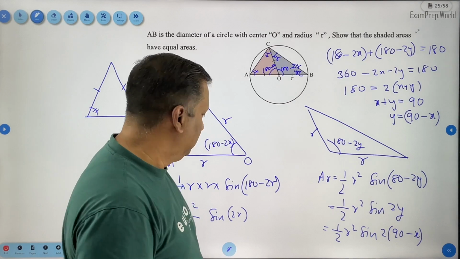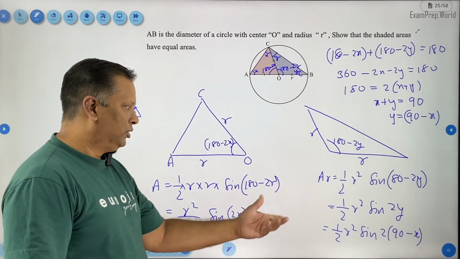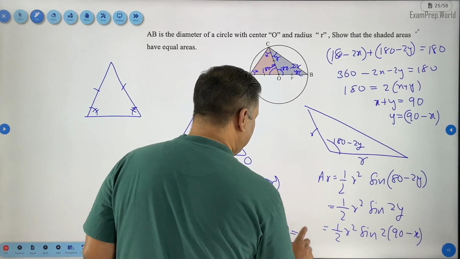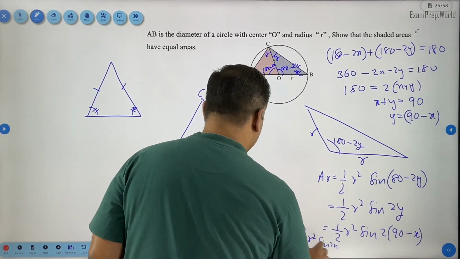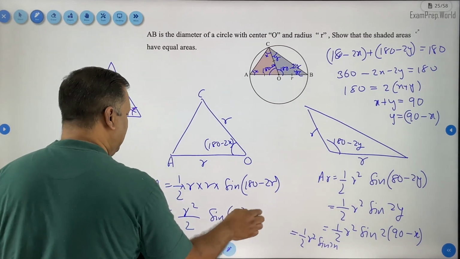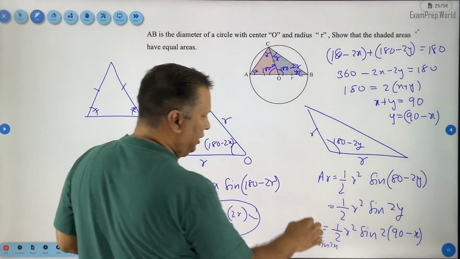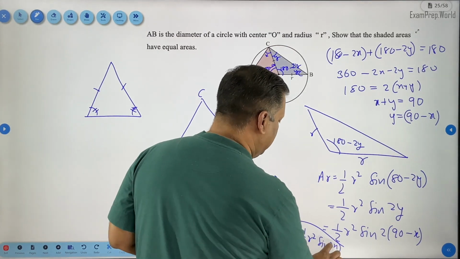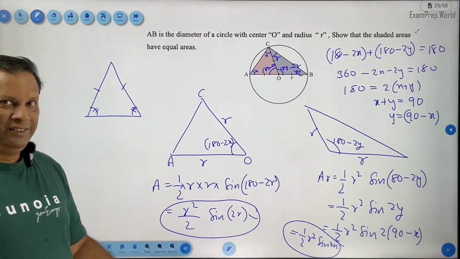So what do you get? Are you not getting sine 180 minus 2x? Right? So finally what you get? Half r square sine 2x. Now look at this. Area of this triangle, the left triangle, and area of right triangle. Both expressions are same. So hence we prove that area of both triangles are same.